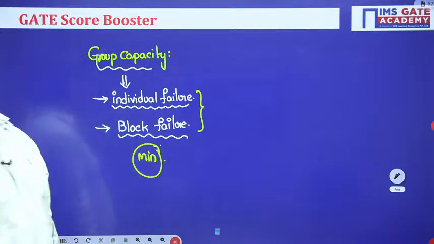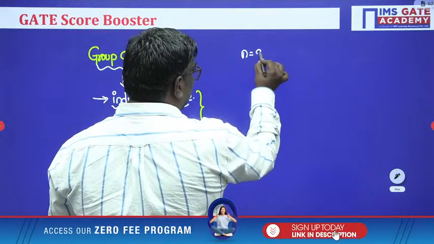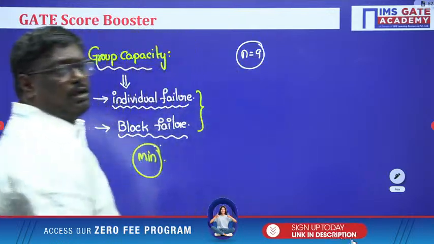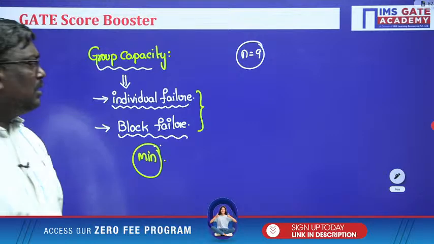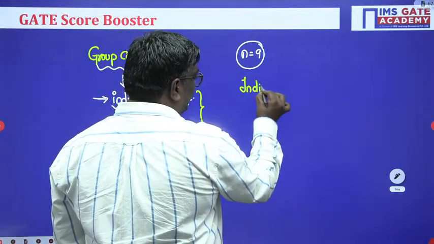Okay. Now see students, here the number of piles is given as n. Here I will try to solve the problem using the individual failure.